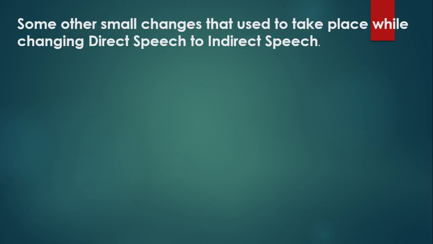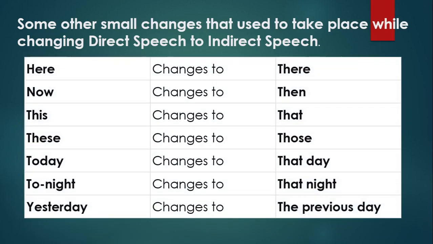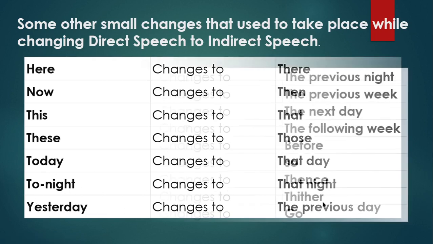Okay. Some other small changes that take place while changing direct speech to indirect. Here changes to there, now changes to then, this changes to that, these changes to those, today changes to that day, tonight changes to that night, yesterday changes to the previous day.